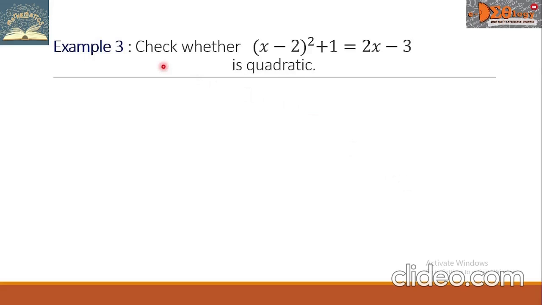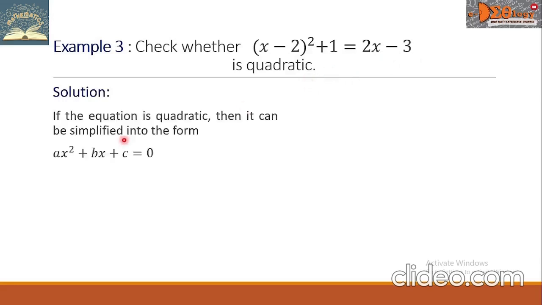Example 3. Check whether the square of x minus 2, then plus 1, equals 2x minus 3 is quadratic. If the equation is quadratic, then it can be simplified into this form. So let us simplify the equation.